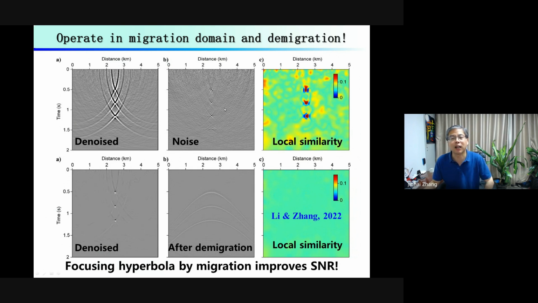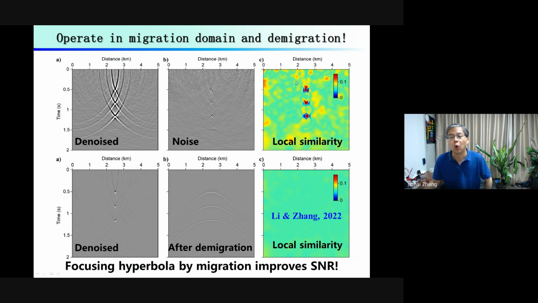At the same time, we also perform the migration on the noise background. Usually, we do not perform any data processing on the noise profile. In our case, we do this in parallel on the denoised profile and the noise profile. We can see that there is some similarity at the scattering points.